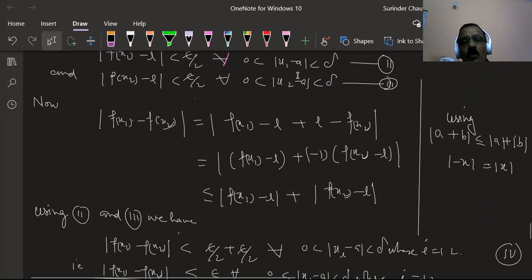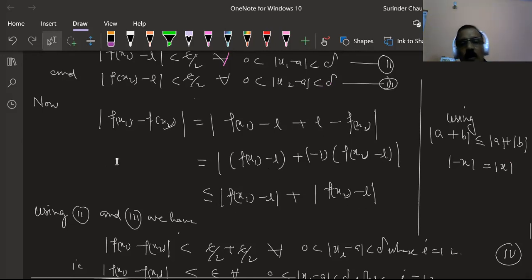The domain is known to us, along with the inequalities of real numbers. So you can go to this form. Taking minus 1 common, this is equal to |f(x1) - L| plus |f(x2) - L|. Again, |A + B| is less than or equal to |A| + |B|, and |-x| is equal to |x|.